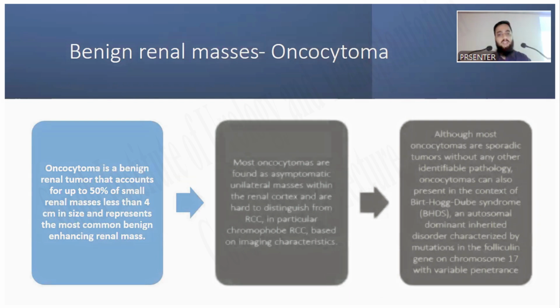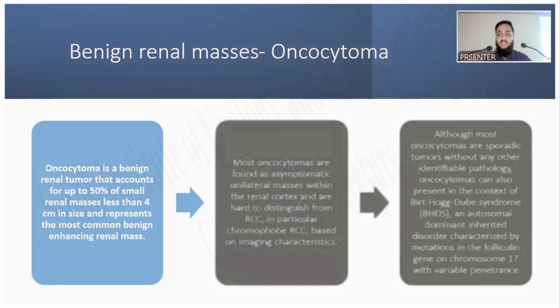Benign renal masses, oncocytoma. Oncocytoma is a benign renal tumor that accounts for up to 50% of small renal masses less than 4 cm in size and represents the most common benign enhancing renal mass. Most oncocytomas are found as asymptomatic unilateral masses within the renal cortex and are hard to distinguish from RCC, in particular chromophobe RCC, based on imaging characteristics.